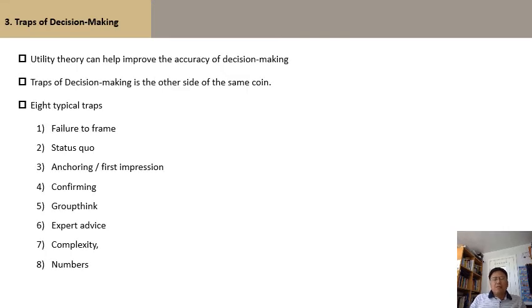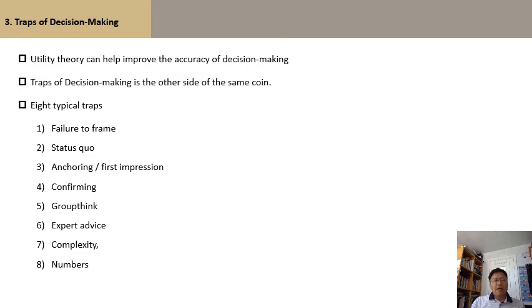So it gives people a very confusing impression, because utility theory is probably the most useful and powerful tool for decision making. However, the basic concept is not fully described yet. So how can we make good decisions?